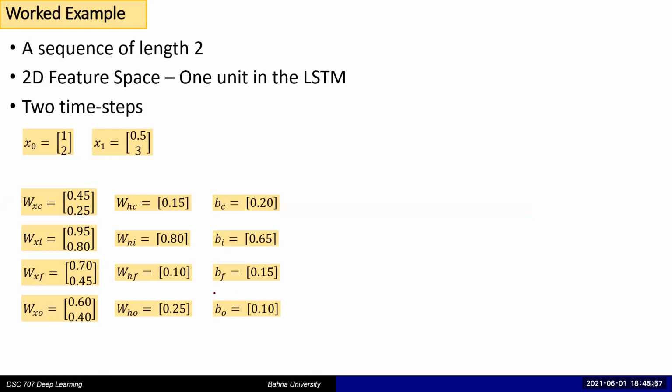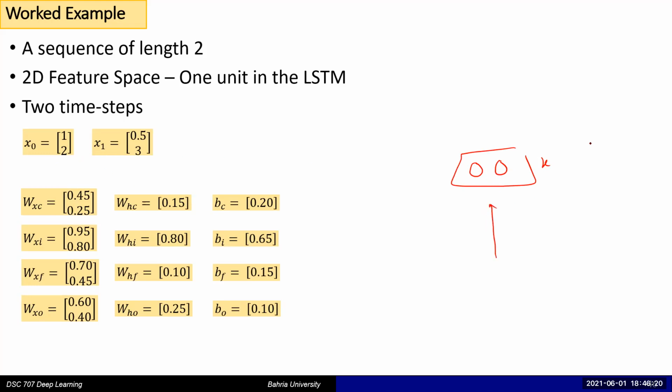Okay, so what is our LSTM? We are feeding it a sequence and the length of the sequence is 2, because we have to do it by hand, so we need some manageable number. This is my input X, which is a vector of 2. There are two timestamps, x0 and x1.